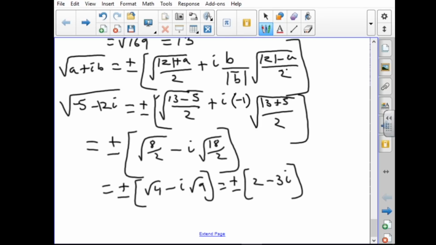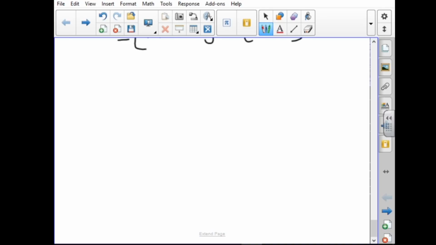Now we will see an example. Example 2.14: show that the points, or the vertices, of an equilateral triangle.